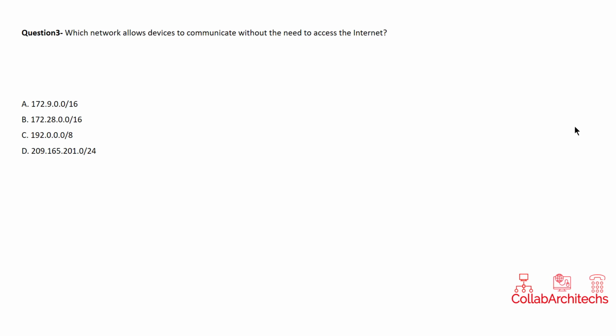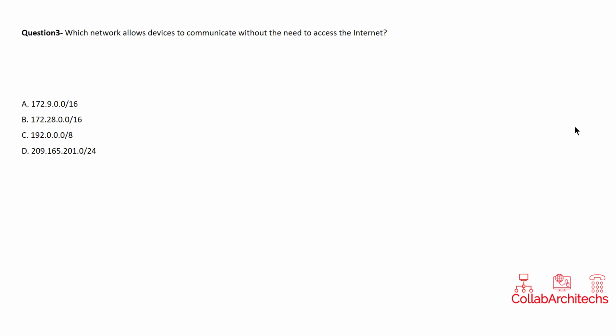then which is the correct network address to communicate without the need to access the internet. So we have two types of network address: one is public and another is private.